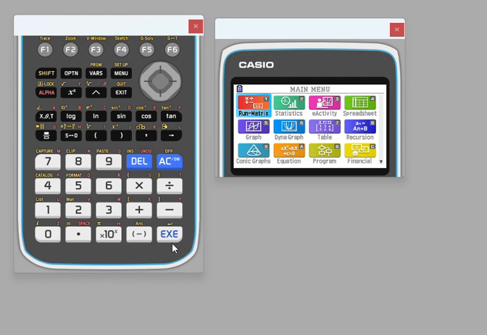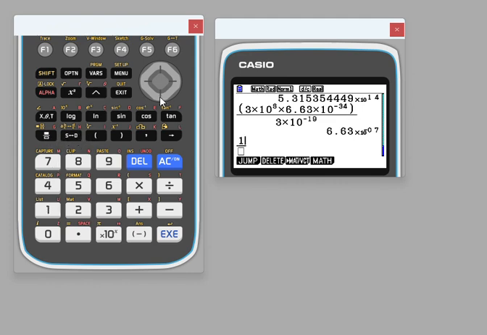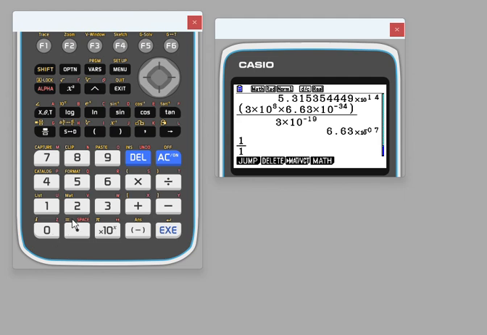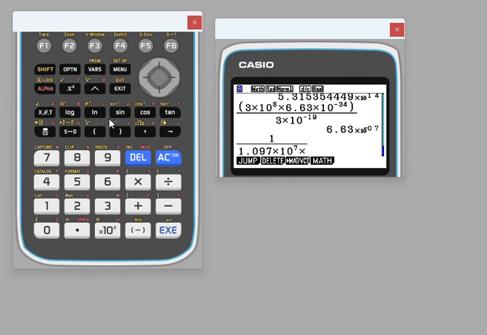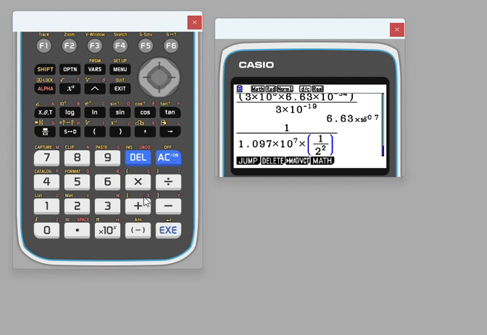So what we want to calculate is 1 over 1.097 times 10 to the power of 7, times 1 over 2 to the power of 2 minus 1 over 5 to the power of 2.